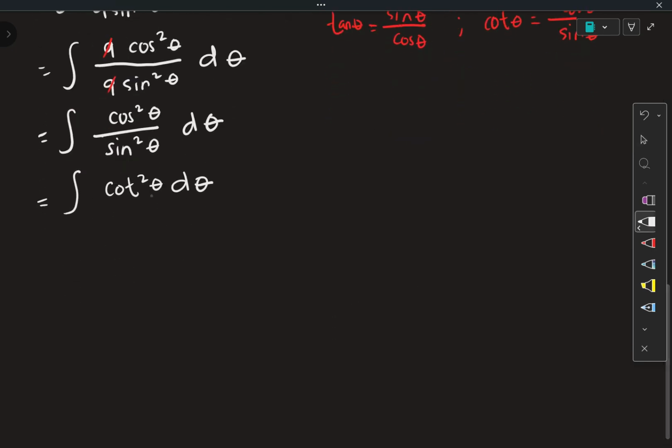The function is now reduced to only cotangent squared theta. However, we cannot directly integrate cotangent squared theta. But there is another Pythagorean identity: cotangent squared theta plus 1 is equal to cosecant squared theta.